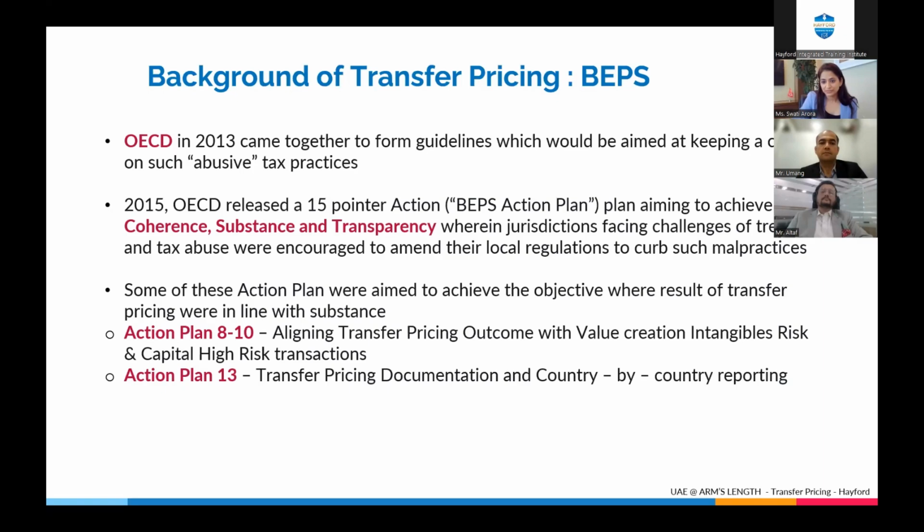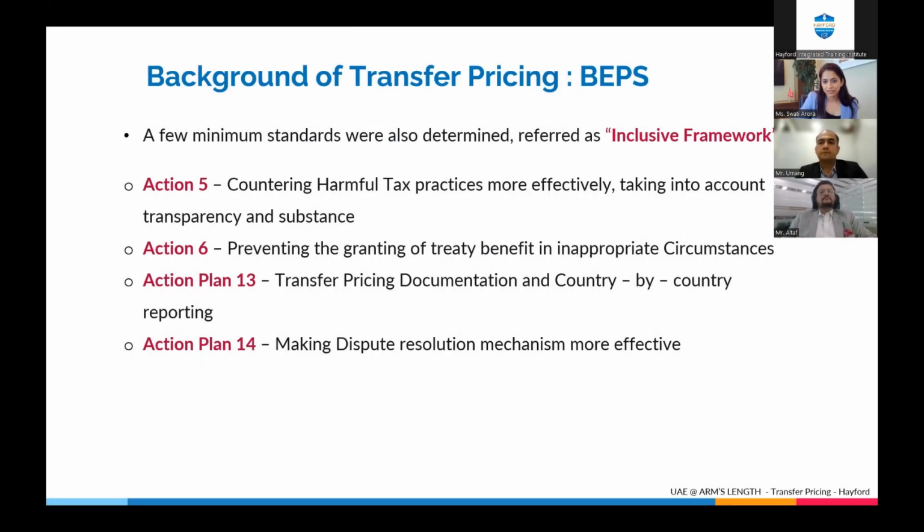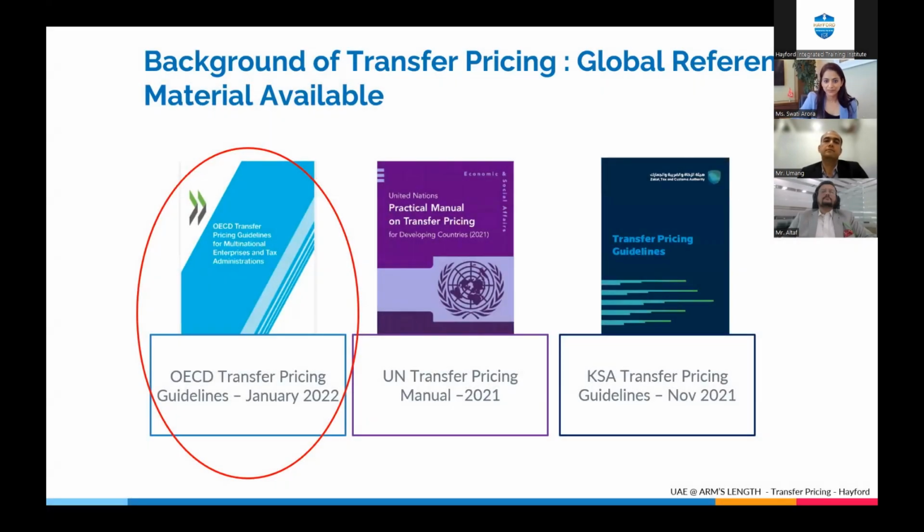Next slide, Umang. These are some more examples, which are referred to as the inclusive framework. These are included in the BEPS action plan, and of course, the companies are bound to follow these action plans as well, just for quick reference. Now, in the UAE, there was very limited literature.